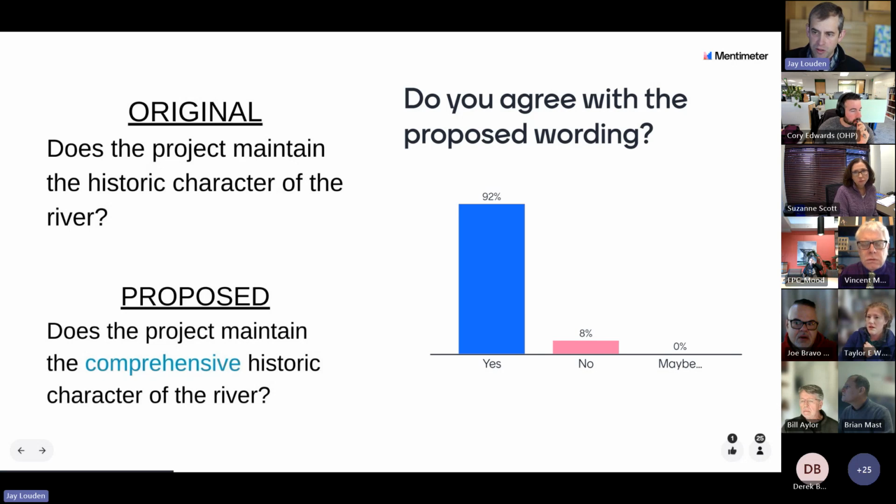And I'd actually kick it over to Allison, hearing all this discussion. Allison, do you have a good sense of where to go with the wording of this? I think maybe as it's proposed, potentially changing maintain to respect, as Suzanne suggested.